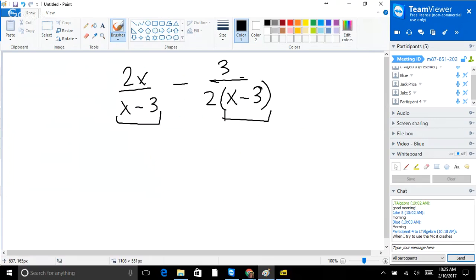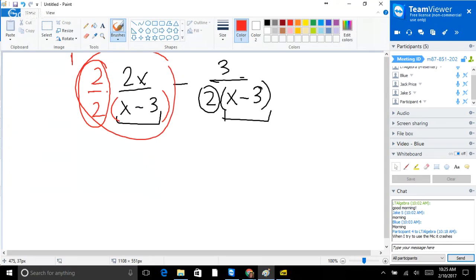So how am I going to force them to have the same denominator? Well, they both have x minus 3 in common, but this is multiplied by 2. So I can make them have the same denominator if I multiply my other fraction by 2. But I can't just randomly multiply by 2. I also have to multiply the numerator by 2 because this is just like multiplying by 1. And I'm allowed to multiply anything by 1.